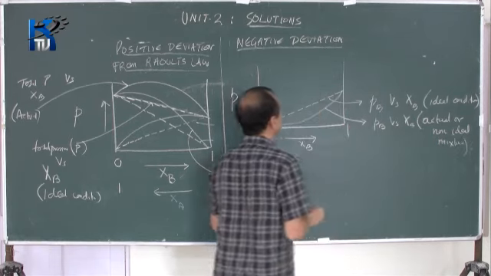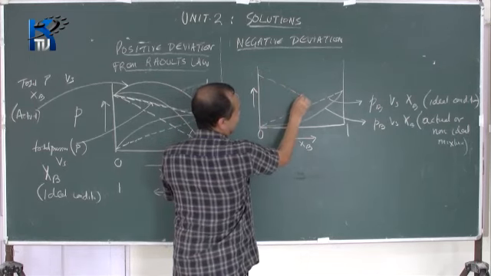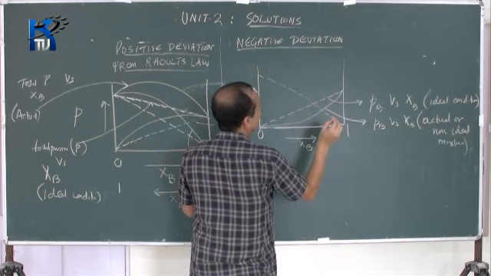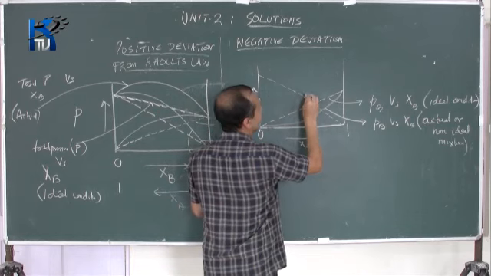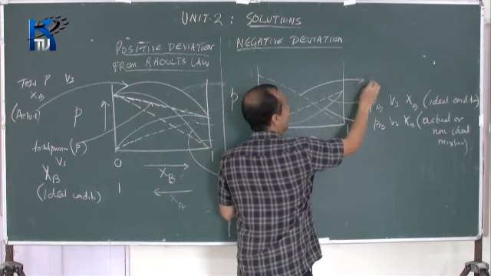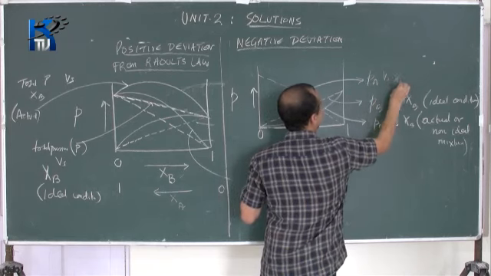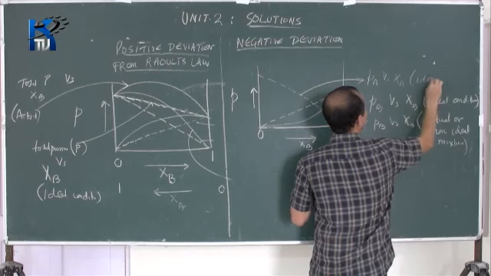This is non-ideal mixture. Similarly, we make the graph for PA versus XA. We can write it here only. So, straight line graph, this is for ideal.